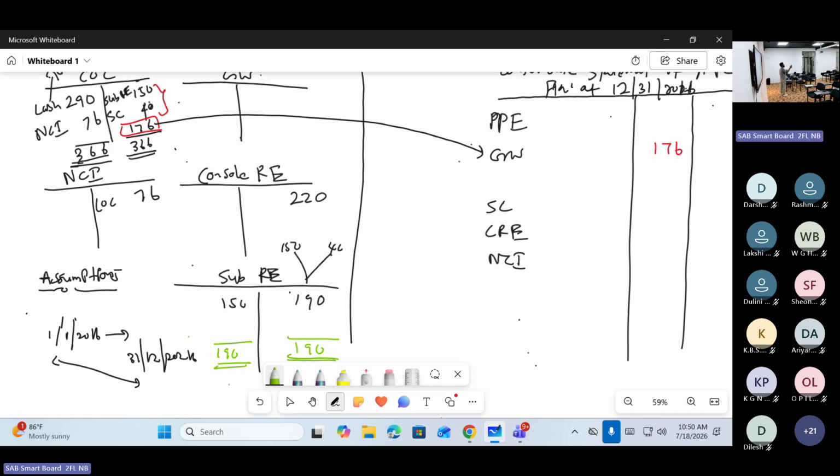That profit relates to two parties. Who are they? Parent and the NCI. Here we have another 40. That 40 should be divided between two parties: 60% to parent, 40% to NCI.